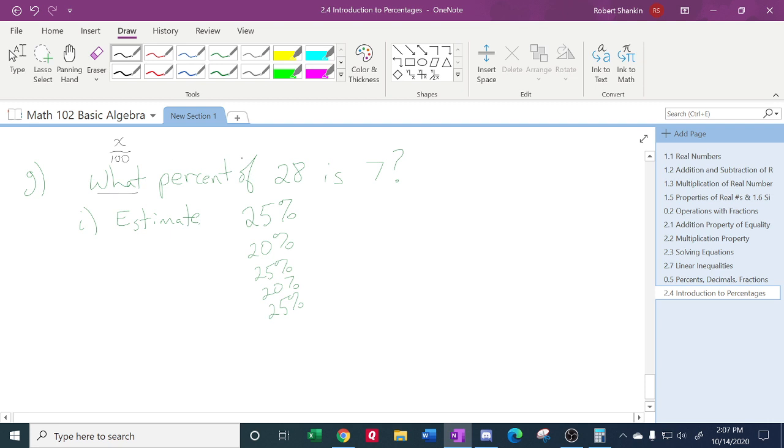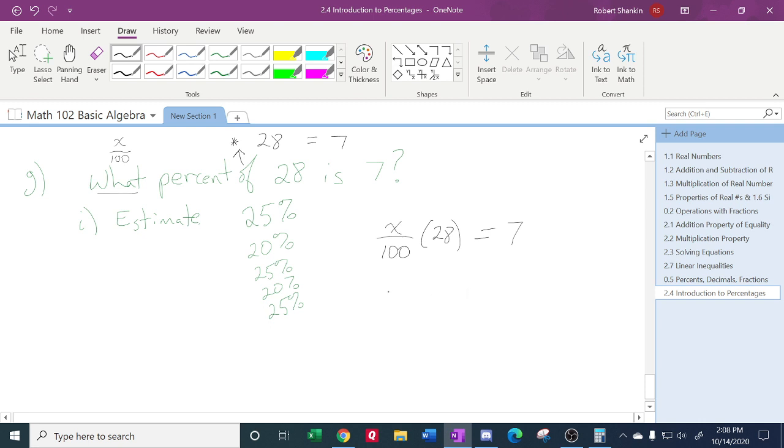The of will be times, and then 28 is 7. So let me write this again. X over 100 times 28 is equal to 7.